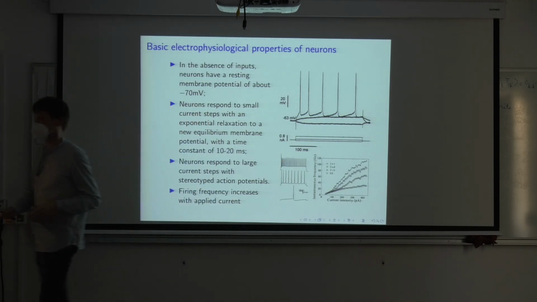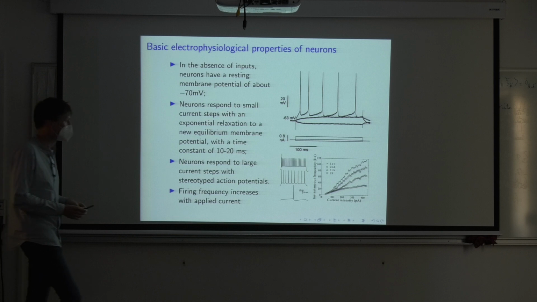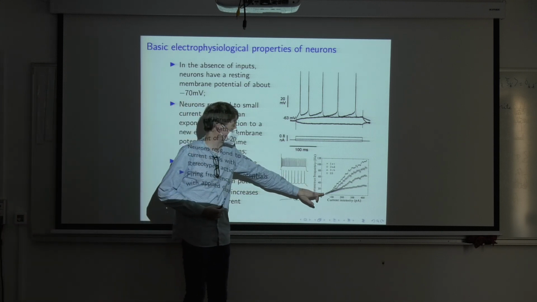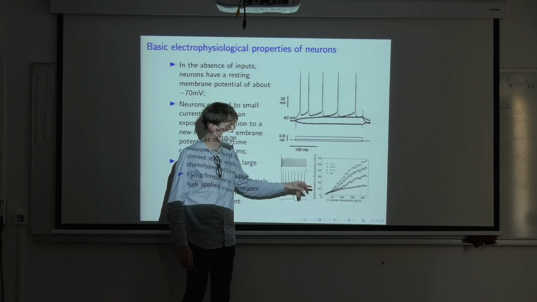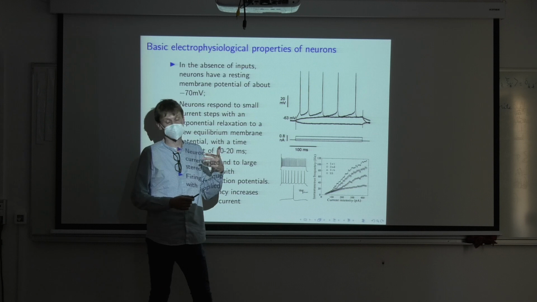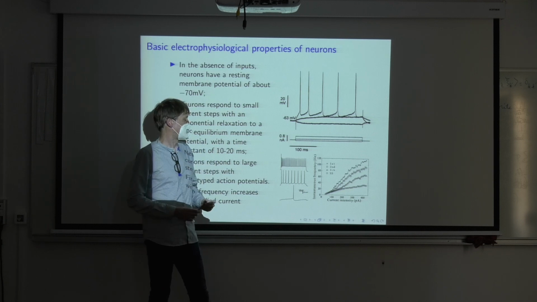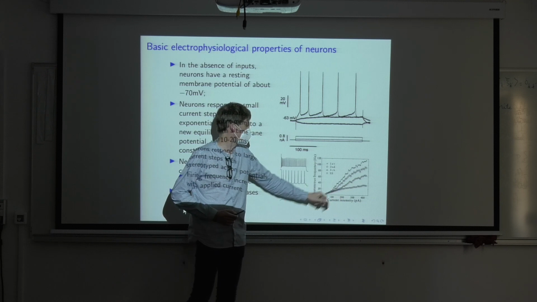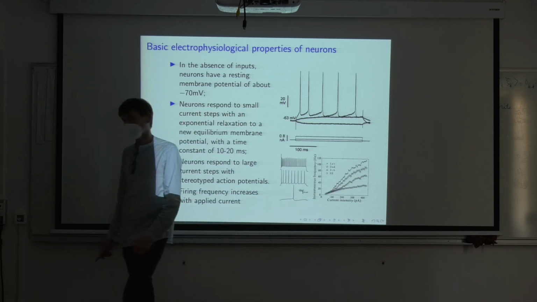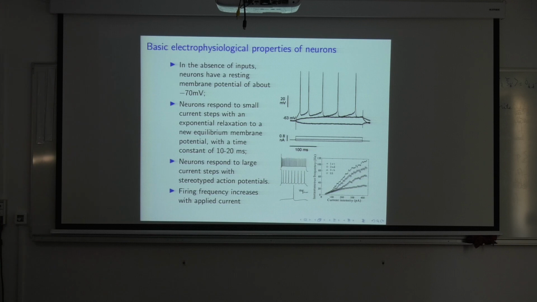But that's something I won't tell you much about later. The only thing I want you to focus on is this curve called the FI curve, the current to frequency function, that relates the input current of a neuron to its instantaneous frequency. It's sometimes called a transfer function, and it's typically a monotonically increasing function of the input current.